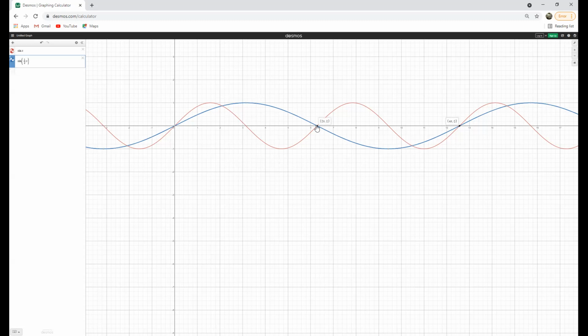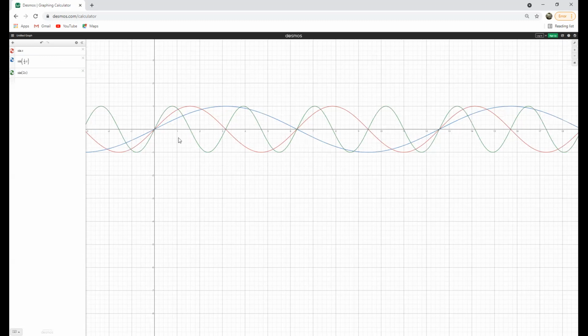See the difference between them? So if you multiply x by different numbers, you're going to see changes in the period of the function. So sine of 2x and sine of a half x and sine of x itself. The green one is sine of 2x with a smaller period, and sine of a half x with a larger period.